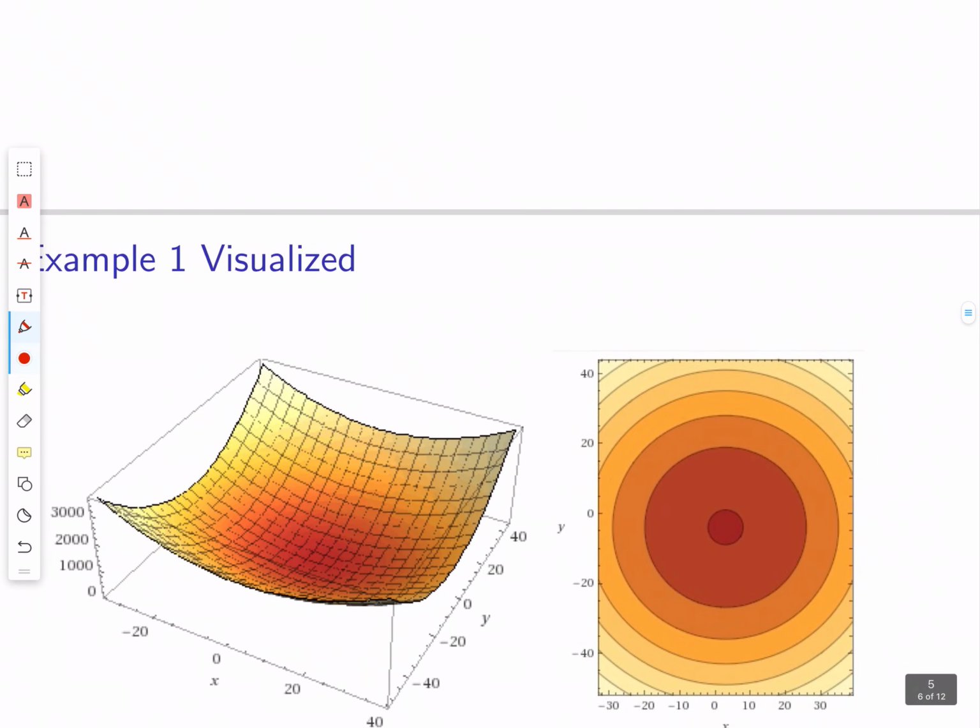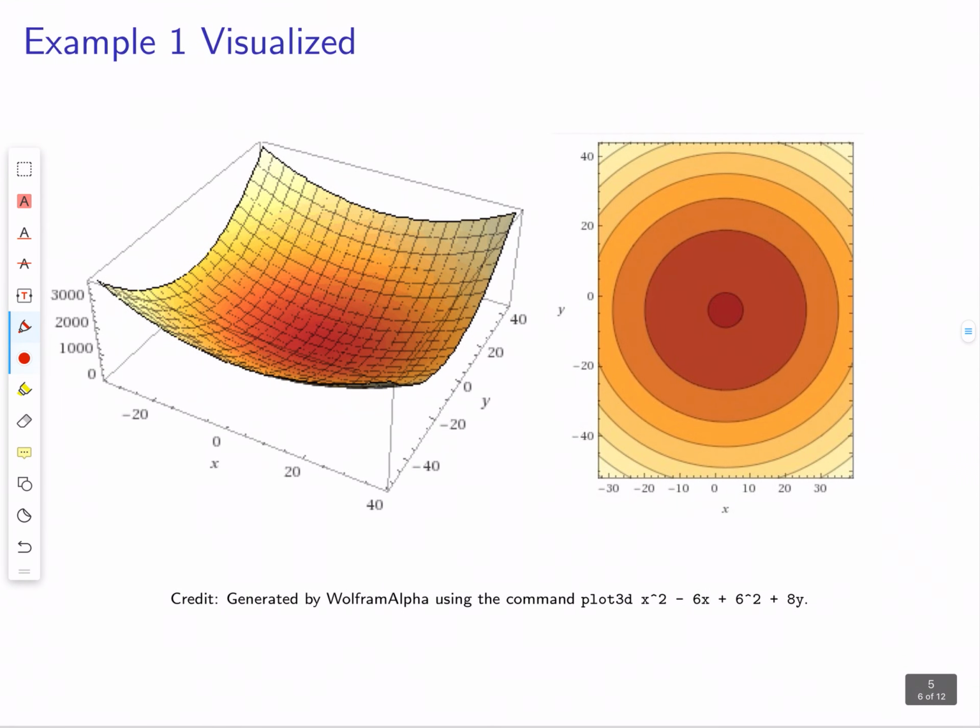Of course, we can use Wolfram Alpha to visualize this surface, and it turns out to be a paraboloid. So this here is a paraboloid. And the minimum is over here. The coordinate is at... no, it was 3. (3, -4, -25).